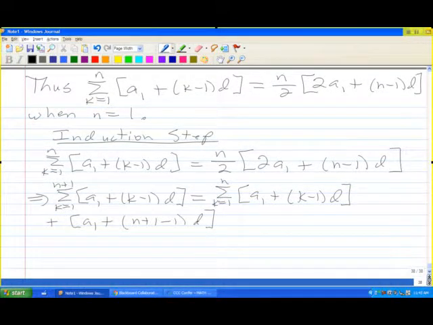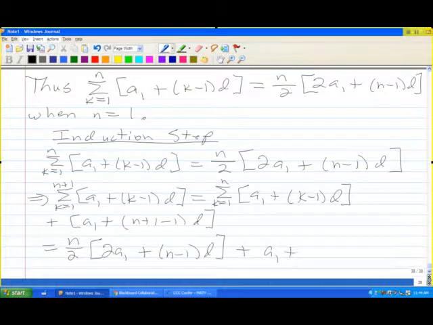Well, by the induction step, I know that this is equal to n over 2 times 2a1 plus n minus 1 d plus this last one, which is a1. The 1's cancel, plus nd.